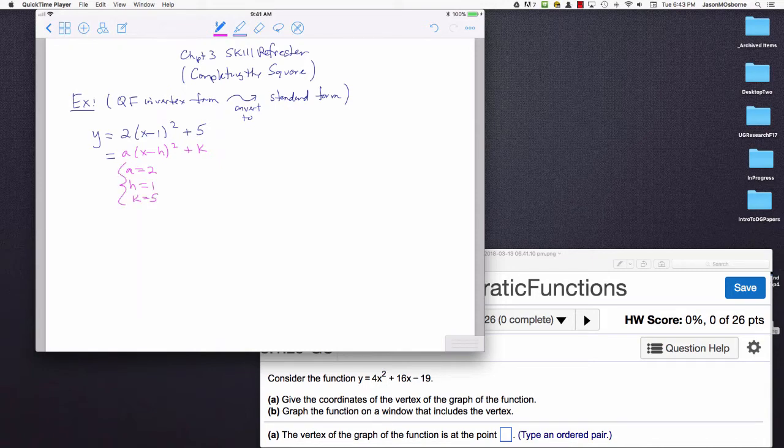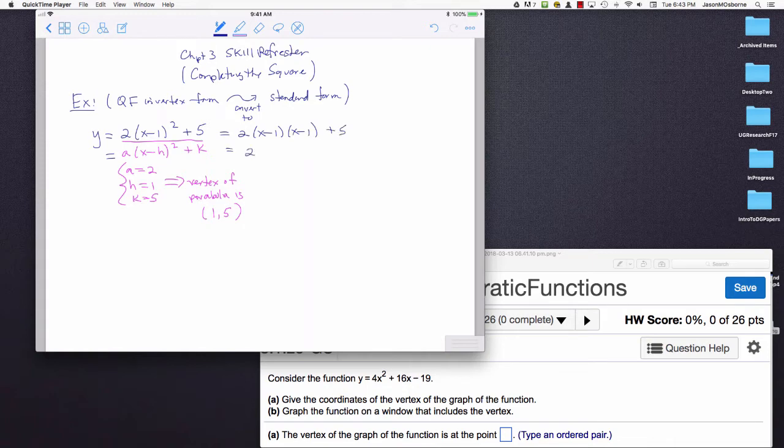So you then know that the vertex of this parabola is 1, 5. It's so easy to find the vertex if it's already in vertex form. But remember that this is equivalent to 2 times x minus 1 times x minus 1 plus 5.